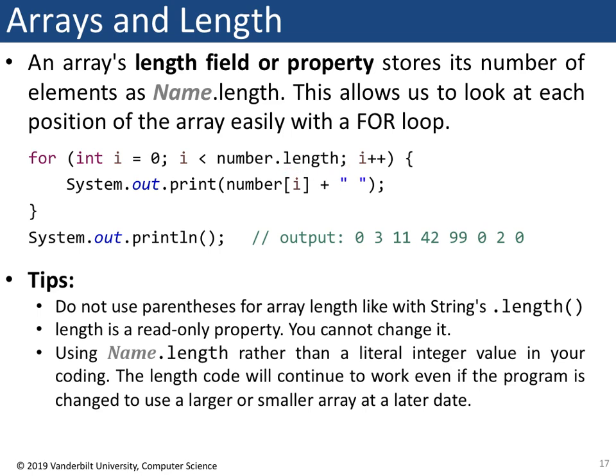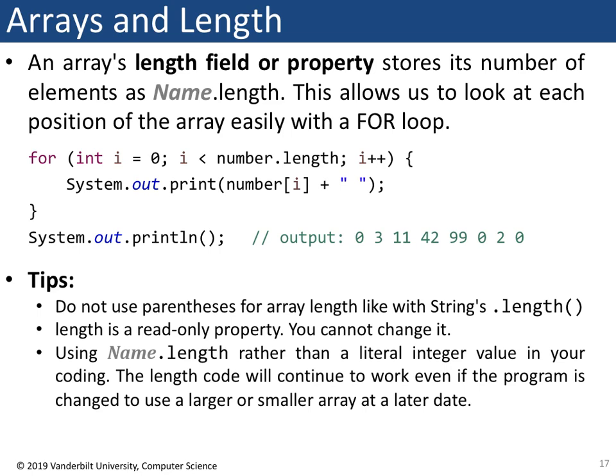In a string, when we use the .length method, this is a behavior. This is a method that we are calling that returns the length of the string. However, when we say number.length, we are looking at data stored in the object. This data that's stored in the object is called a field.